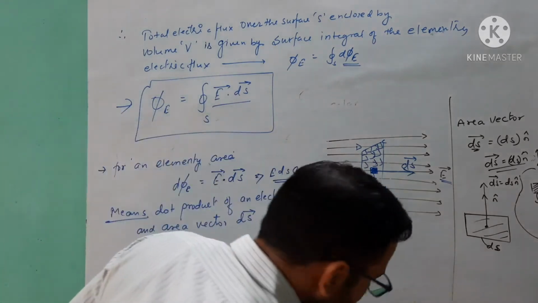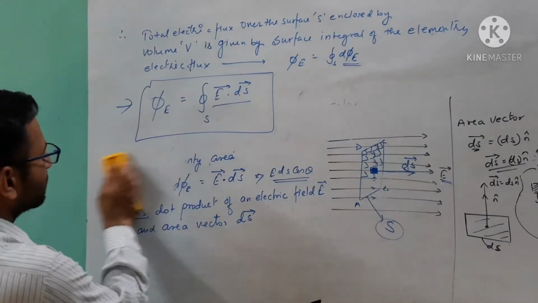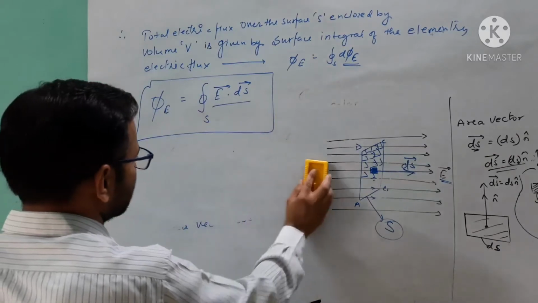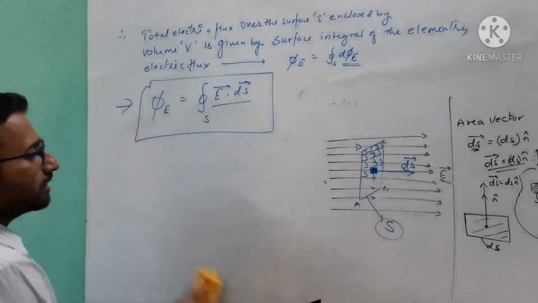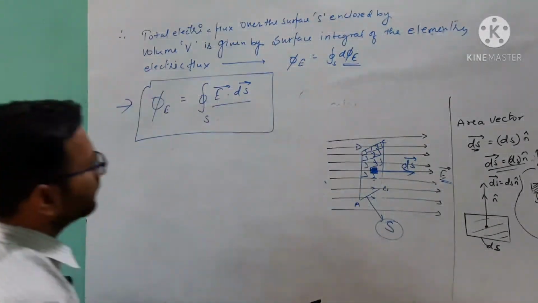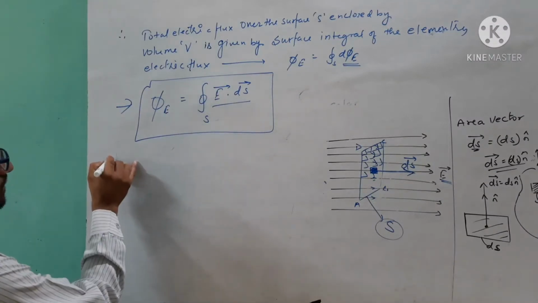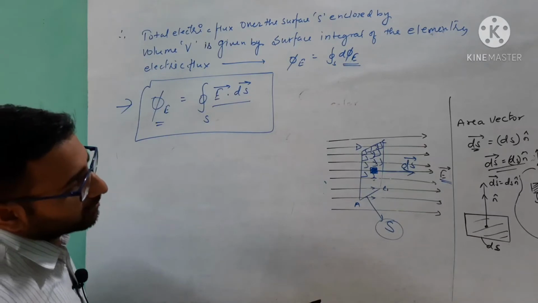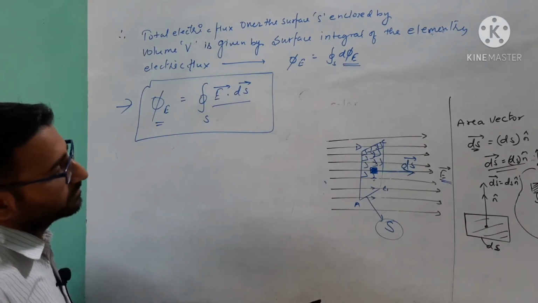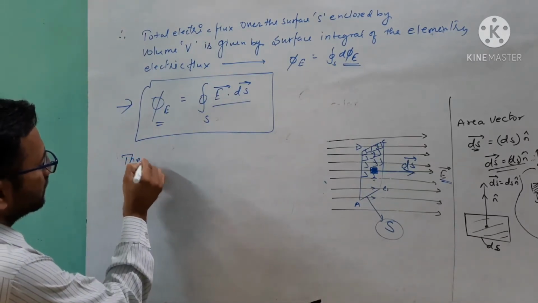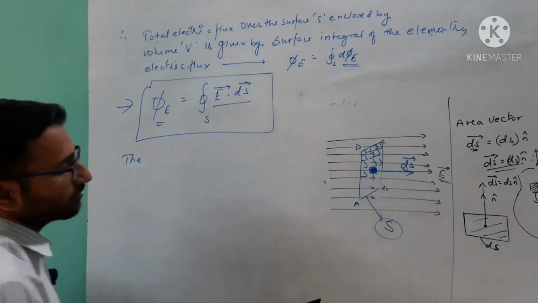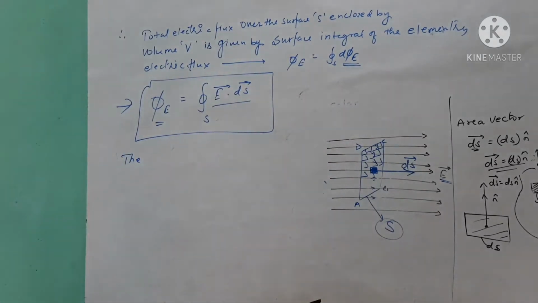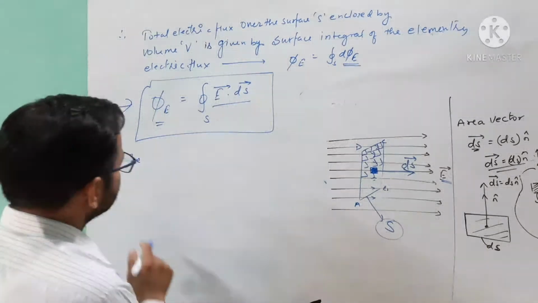Got it? Now if we think about the different cases, see here. You can see the diagram. The electric flux means the number of electric field lines passing through the given surface area.